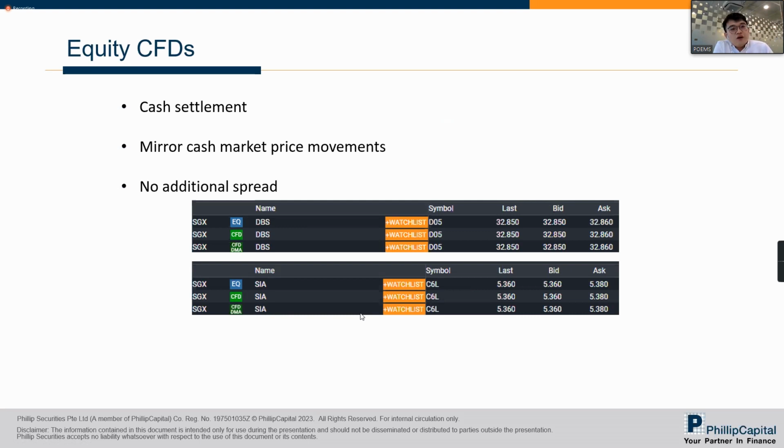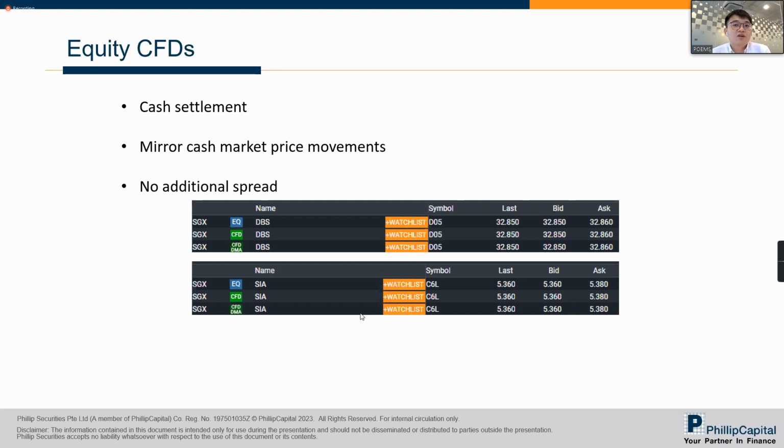Okay, so for our equity CFD, we have cash settlement, and we also mirror the cash market price movement. We don't have any additional spread compared with other brokerage houses that offer CFDs. This is our difference with them.